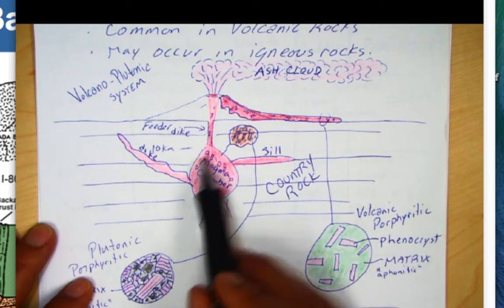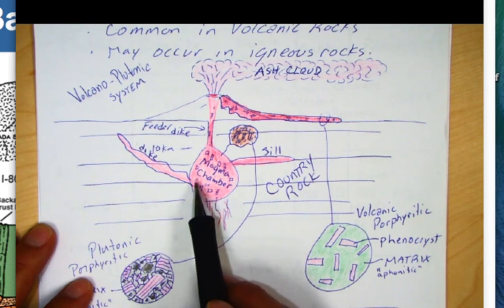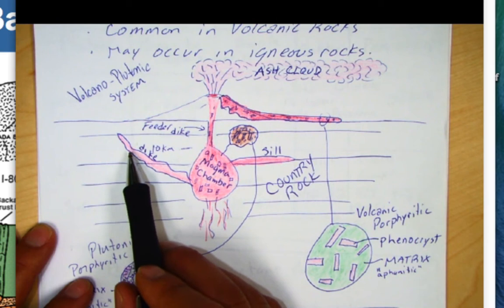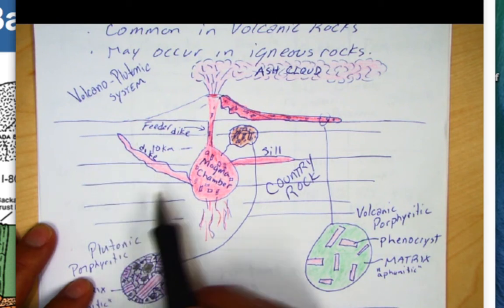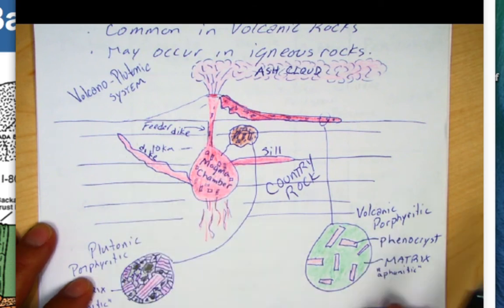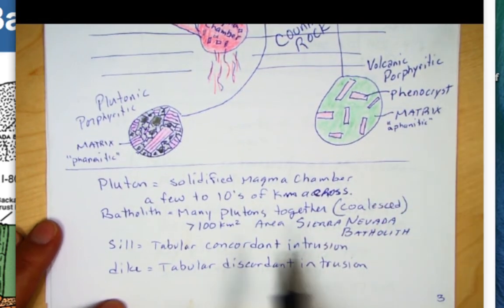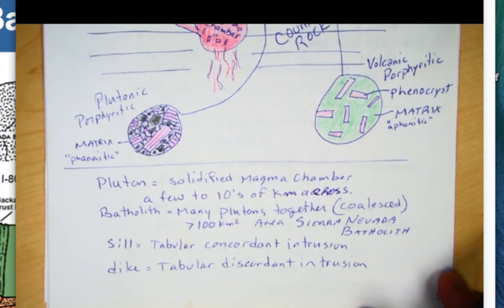Now this magma chamber over time will send smaller intrusions, kind of tabular intrusions that cut across pre-existing strata. Remember, these layers are the strata of older rock, country rock. And so the dike would cut across those. And we would say that a dike is a discordant tabular intrusion, discordant because it cuts across those strata, those pre-existing layers.